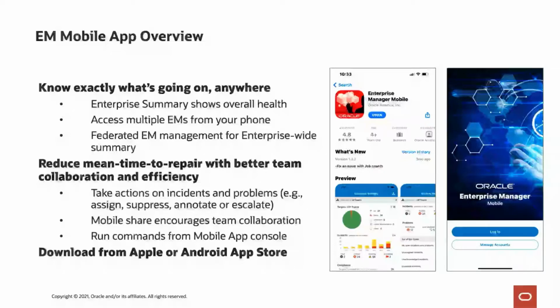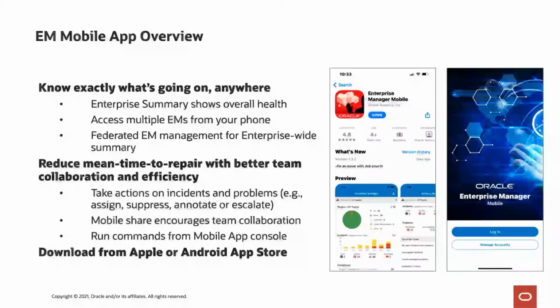And that's what the EM mobile app is doing. It provides you an enterprise summary of the overall health of the environment that you are managing with your Enterprise Manager. It directly connects with your Enterprise Manager, and as you land into the product, it will give you an enterprise summary dashboard, which will provide overall health of your environment, total number of targets, availability of those targets, incidents, those kind of things, right?